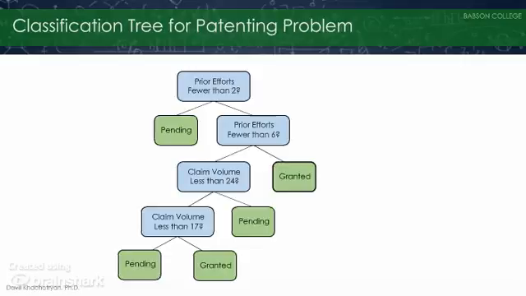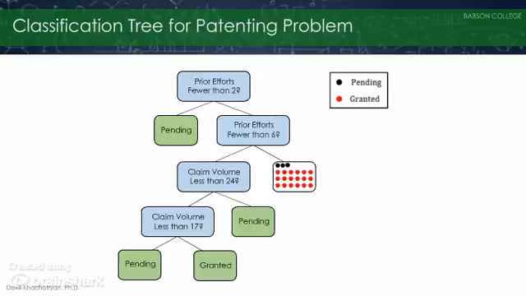Although on a tree you just see the corresponding label assigned to the terminal node, you can almost think of this label as some sort of a curtain behind which there are all the patent documents that end up in that terminal node. In our case, in this last terminal node, there are 21 patent documents that end up in this node, and out of them only 3 happen to be pending, and the remaining 18 are in fact granted.